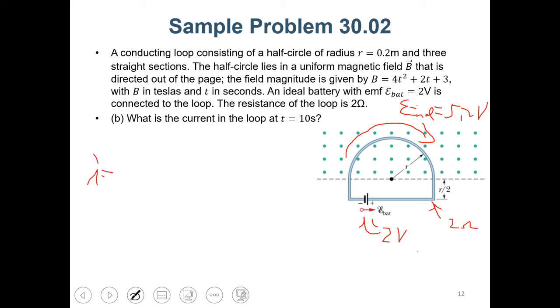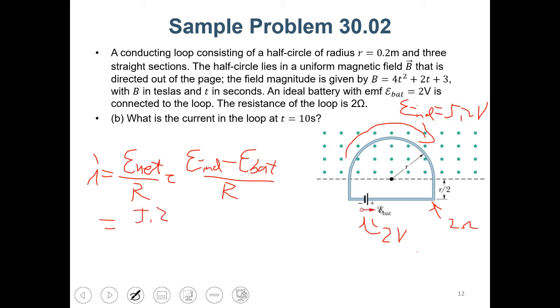So I should be E net over R, which is EIND minus EBAT over R. So it is 5.2 minus 2 all over 2, which is 1.68. 1.68 should be in this direction. This is I, because this one is larger than this one.